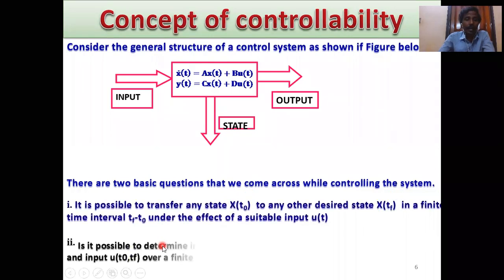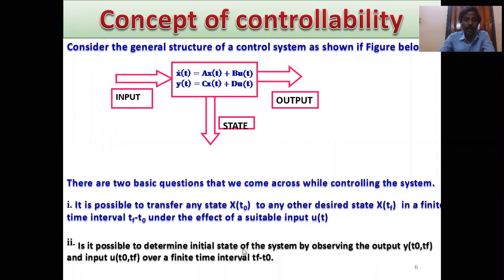And the second condition is whether it is possible to determine the initial state of the system by observing the output y from t0 to tf and the input u from t0 to tf over a finite time interval tf minus t0.